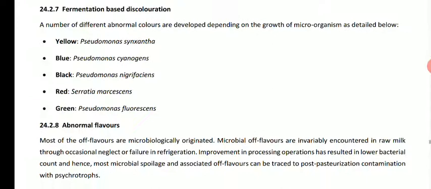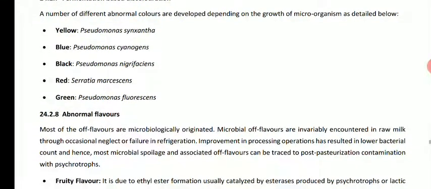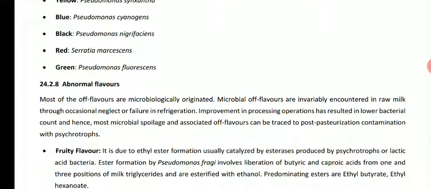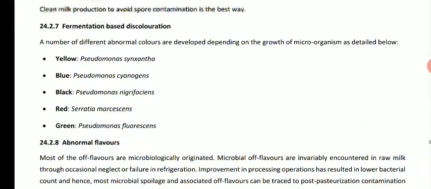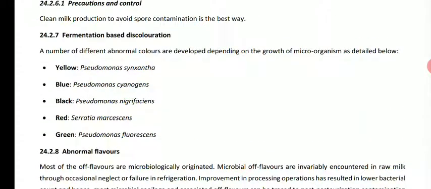Then red color is caused by Serratia marcescens. Then green color is caused by Pseudomonas fluorescens. So these are colored products that are usually seen in milk, and this discoloration is considered to be abnormal fermentation or spoilage of milk. All these are different colors of milk caused by different types of microorganisms.